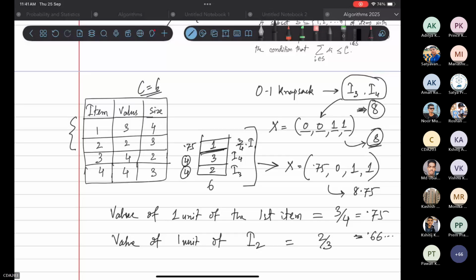So I will arrange the items according to the maximum per unit value, and look into each of these items and see whether I can take the full amount of that item or not.